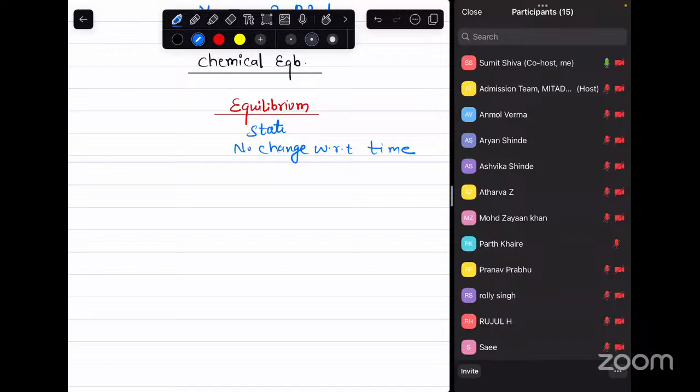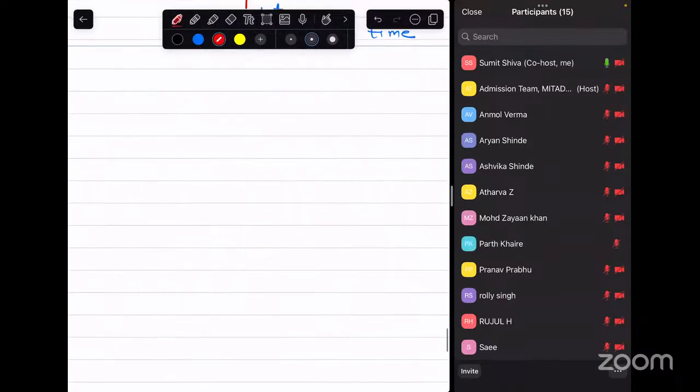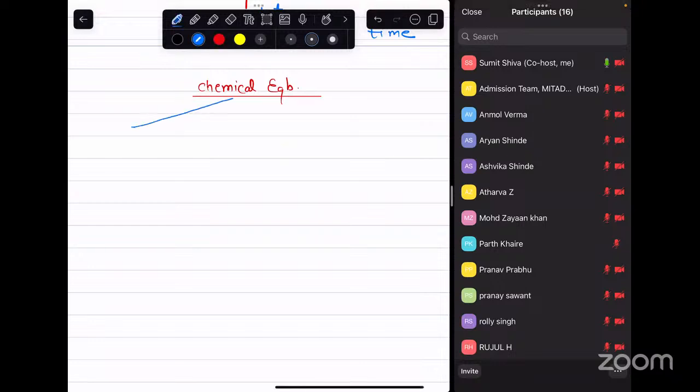But in case of chemical equilibrium, we have two different cases. One is known as equilibrium in physical process.